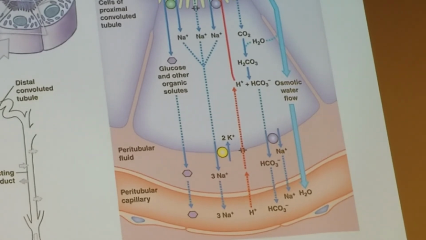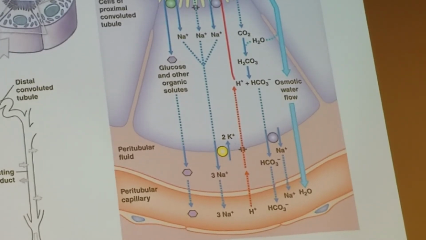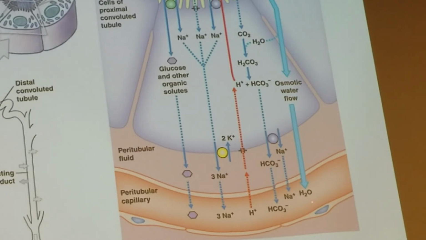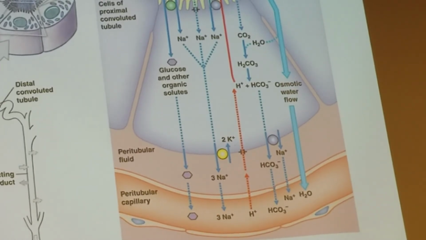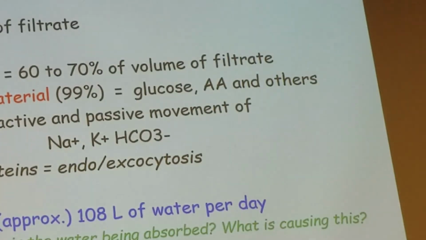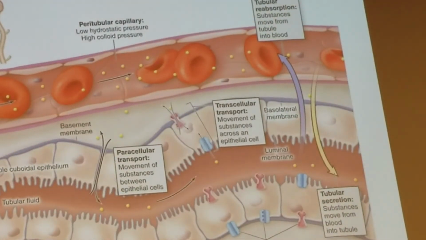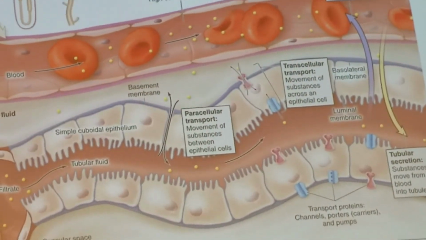They're only showing you sodium and glucose and hydrogens and potassiums because that's what they often wanted to show you. We're doing it to focus on sodium and water to understand why 108 liters of water can be reabsorbed in just the proximal convoluted tubule, and why we can get 99% of our organics. And then where does the other 72 liters? Oh, well, we'll get there.